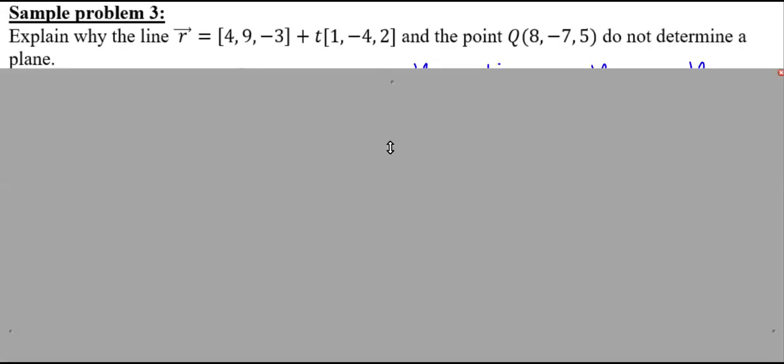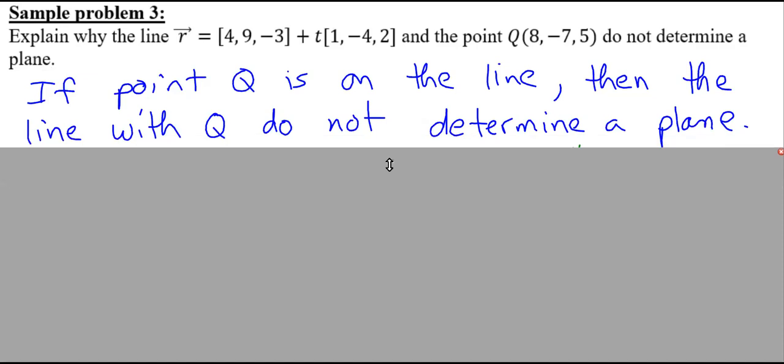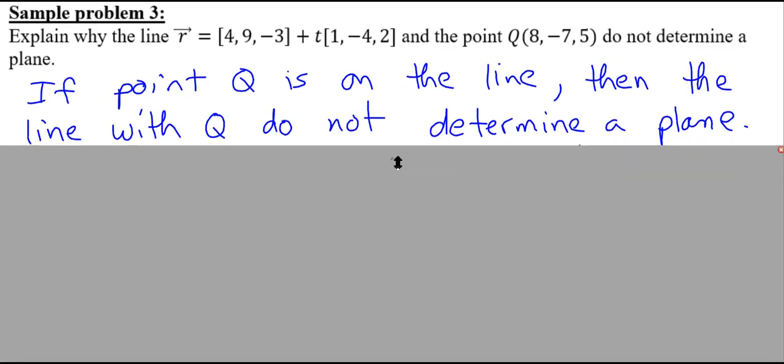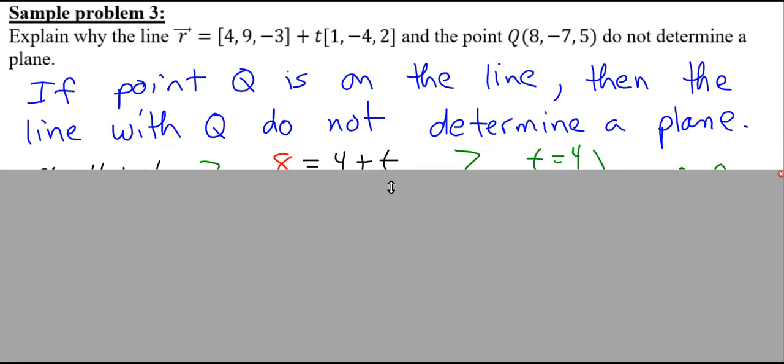Okay, so if that point is on the line, then I'm going to wind up getting only one direction vector and not being able to get the second direction vector. Okay, then that's how that is visualized, and that's where this logic of if the point Q is on the line, then the line with Q does not determine the plane. Or sorry, the line and the point does not determine the plane.